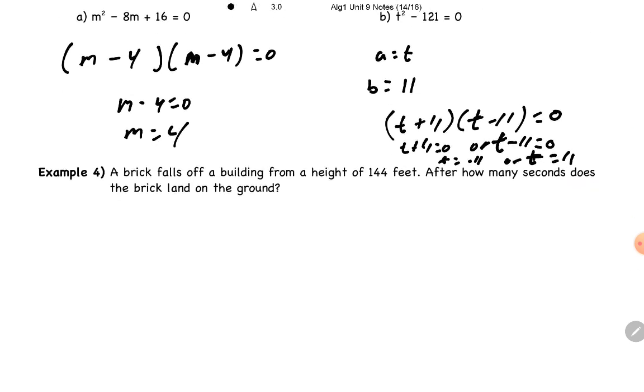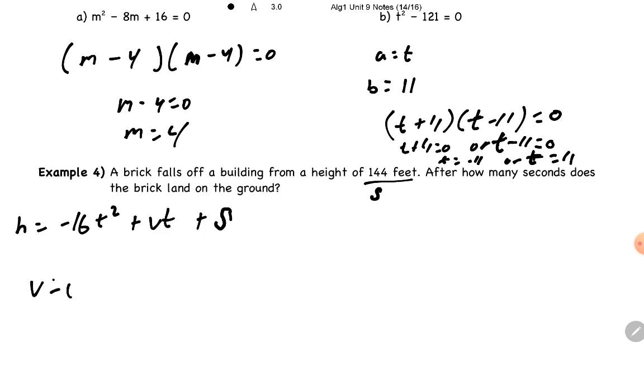A brick falls off a building. So using this formula again, h equals negative 16t squared plus bt plus our initial height. So a brick falls off a building from a height of 144 feet. So here's my initial height. After how many seconds does the brick land on the ground? So a brick falling off a building means it doesn't have an initial velocity.